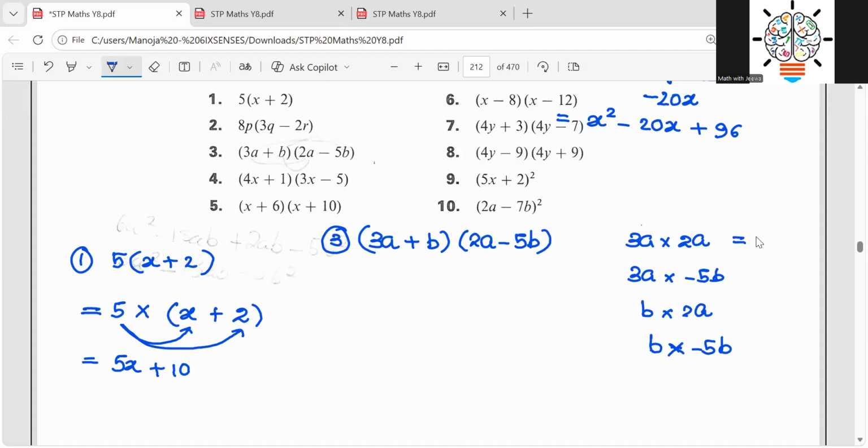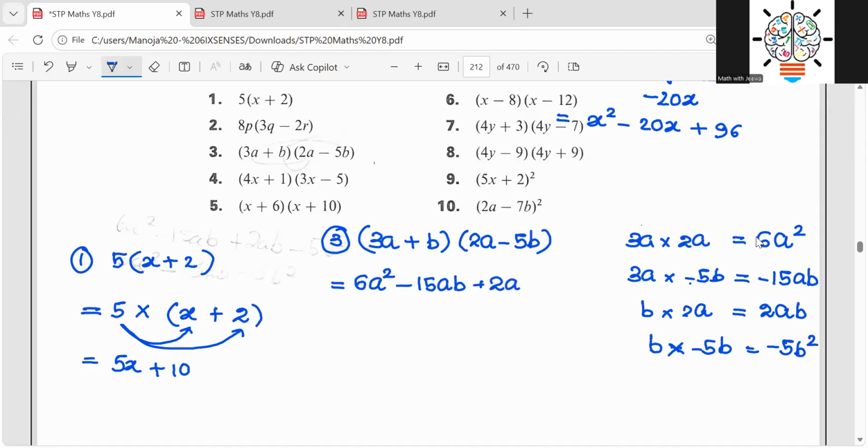So then slowly here 3 times 2, 6, a times a, a squared. 3 times negative 5, negative 15, ab. B times, that is 2, only number we have 2. B times a, it is ab. And then the negative 5 is the only number we have, b squared. Am I clear? So then what you are supposed to write now? 6a squared minus 15ab and plus 2ab and minus 5b squared.